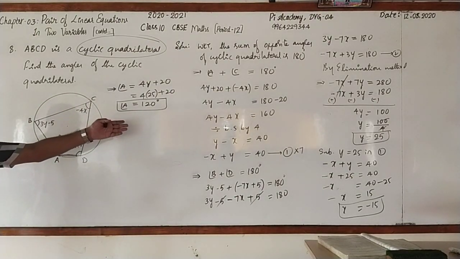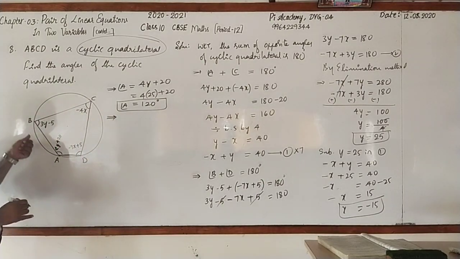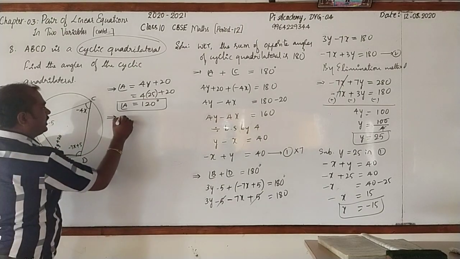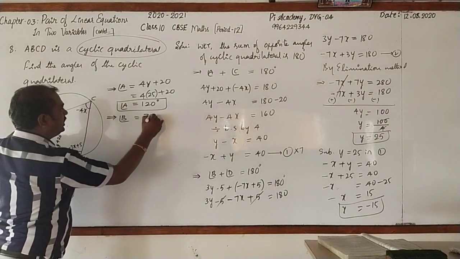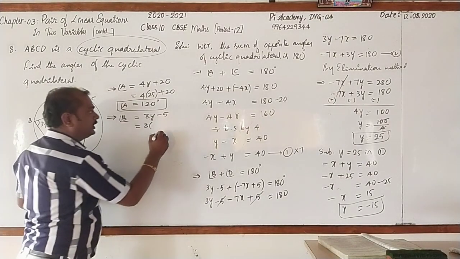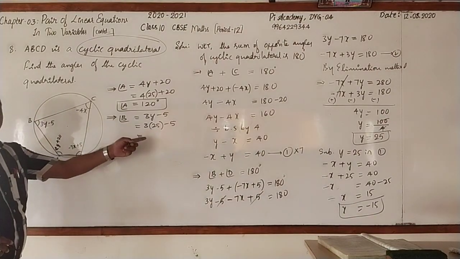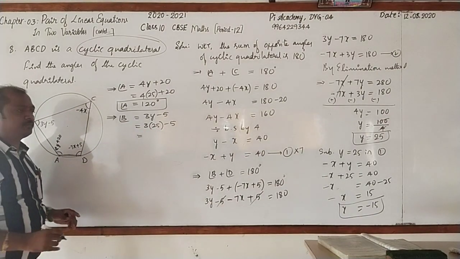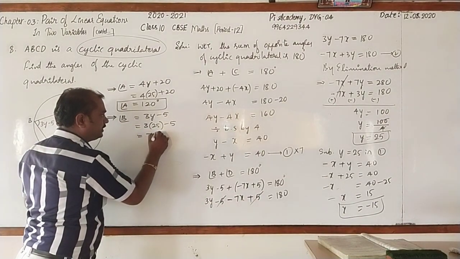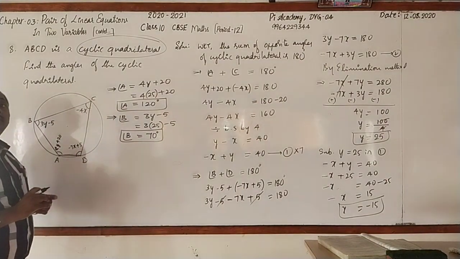Hope that you have written this. Then let's move on to the second angle, angle B, where angle B is 3y minus 5. It is 3 into, what is y? y is 25, minus 5. 25 threes are 75. 75 minus 5 is 70. So the measurement of angle B is 70 degrees.